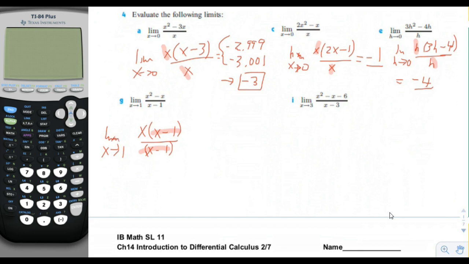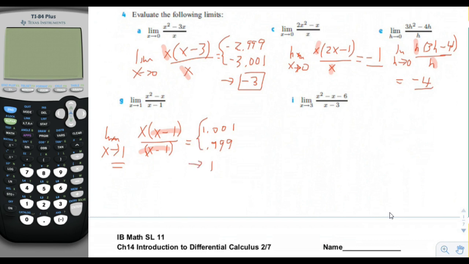We're going to make x approach 1. Okay? So now if we put something like 1.0001, then out is going to come 1.0001. And if we put something like 0.9999, then out will come 0.9999. Okay? So basically what we're approaching here is the value 1.